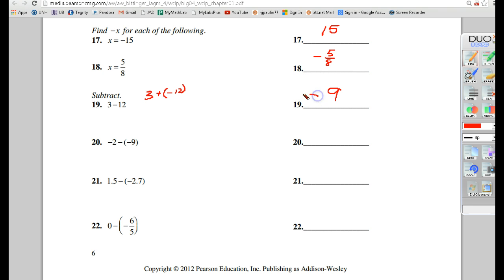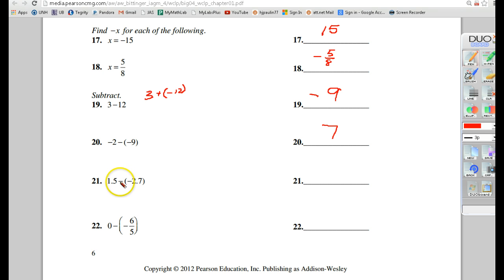In this case, it would be a negative. If you put this in your calculator, you're going to get a negative 9. Now here's a little tricky because they're saying the opposite of a negative 9 makes this a positive 9. So 9 minus 2 is going to be 7.